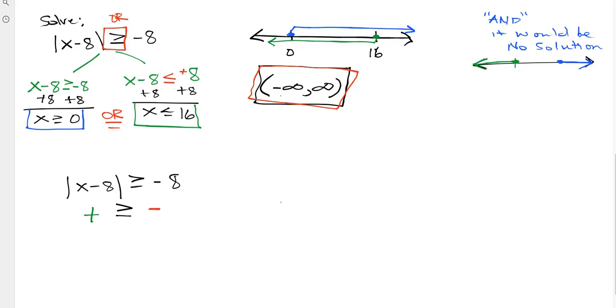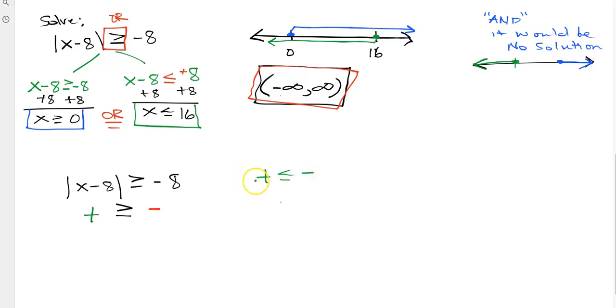And then for when it says less than or equal to a negative number, that can never be true. So it would always be no solution if it was like a less than symbol. Yeah, so on this same one, if we had something where we had a positive is less than or equal to a negative, right?